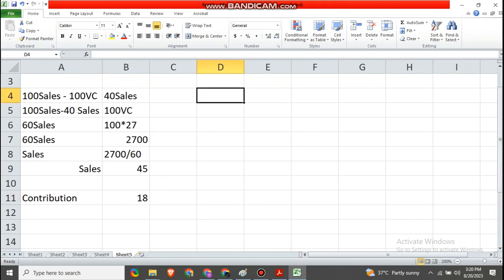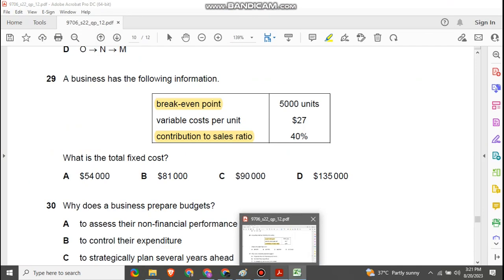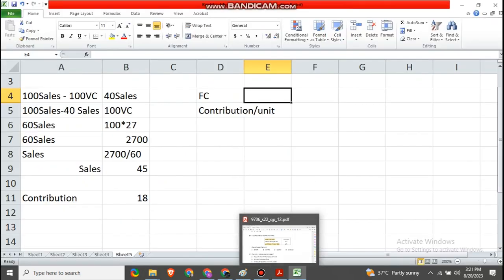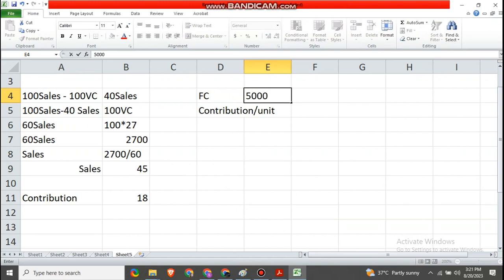Now, in order to find the break-even unit, we know that break-even unit is fixed cost divided by contribution per unit, and the break-even unit in this case is 5,000 units.